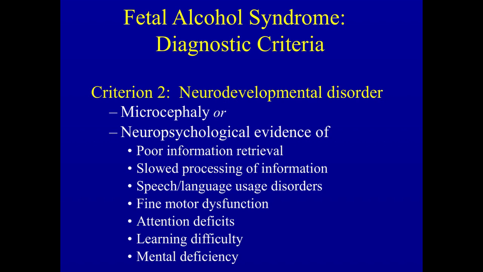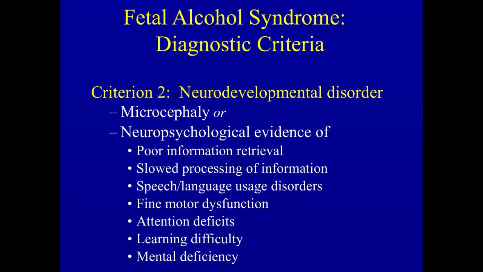When we think about the neurobehavioral profile in fetal alcohol syndrome and fetal alcohol spectrum disorders, there are a number of issues that come to mind. Parents frequently complain that the children have bad memory, that they can tell you what they learned in school when they come home, but when it's time to do their homework, it's difficult for them to retrieve the information.